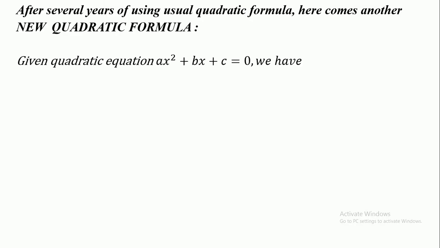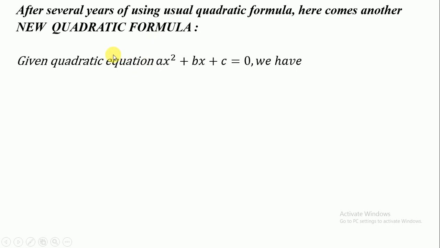Okay? So after several years of using this usual quadratic formula, I was able to come up with a new quadratic formula, which I don't think there's any specific name for, so I just think since it works, it's worth sharing.